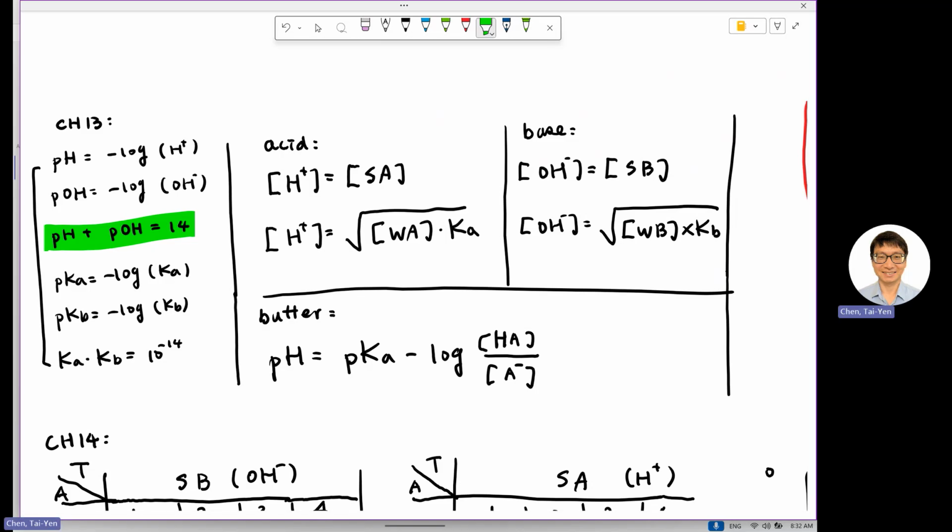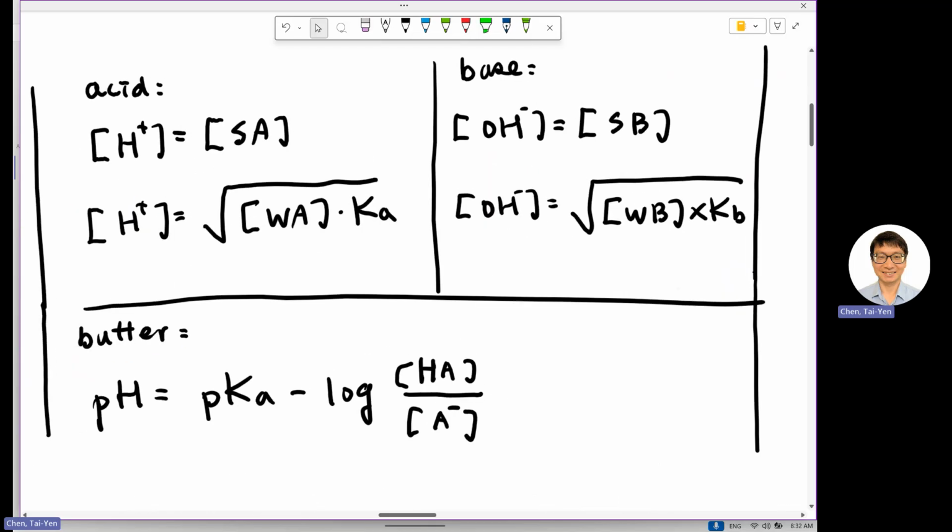You should also know that the little p represents the negative log of a certain value. So pKa is the negative log of Ka, and pKb is the negative log of Kb. And in an aqueous solution, the product of Ka and Kb gives a constant equal to 10 to the negative 14. Those are the fundamental things; if you know what p means, then you should be able to figure out everything else, right?